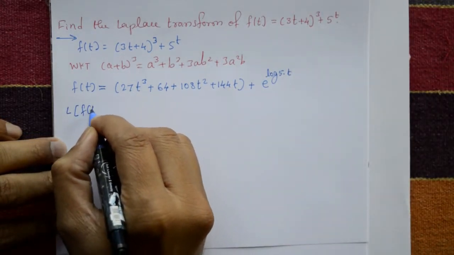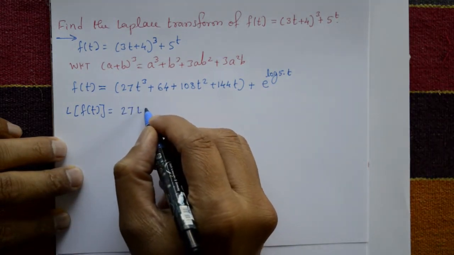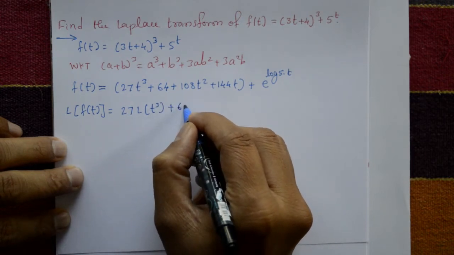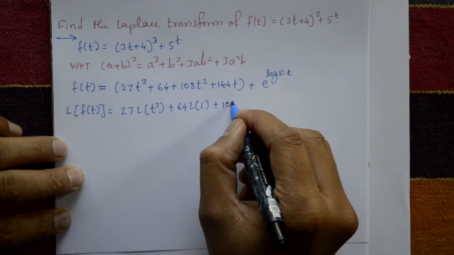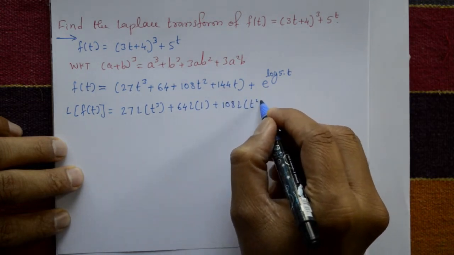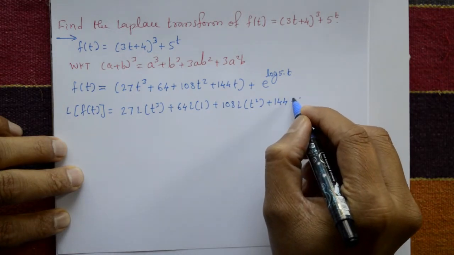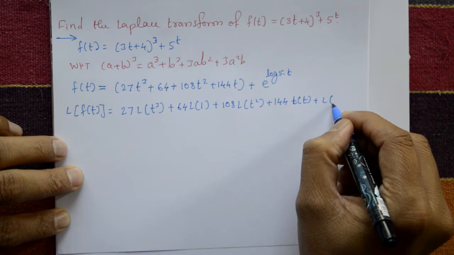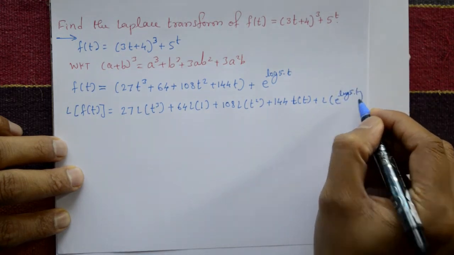Laplace of f of t is equal to 27 is constant, only Laplace of t cube, 64 is outside, Laplace of 108 Laplace of t square, 144 Laplace of t only, plus Laplace of e raised to the power log 5 into t.